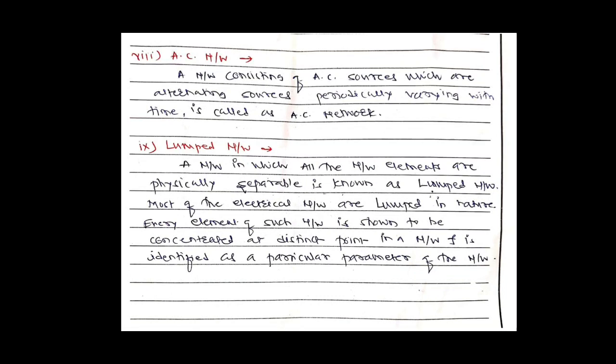You will get this concept clear during the example. So just know the circuit or the network in which all network elements are physically separable. That is what is known as a lumped network.